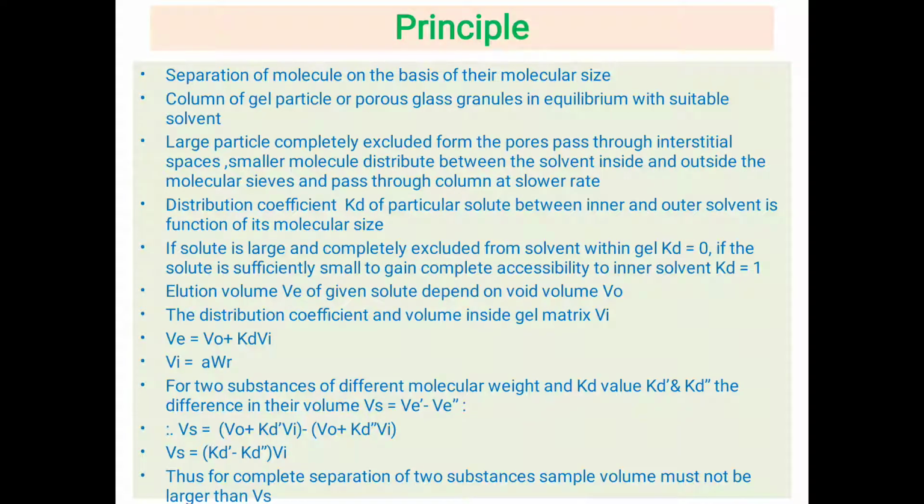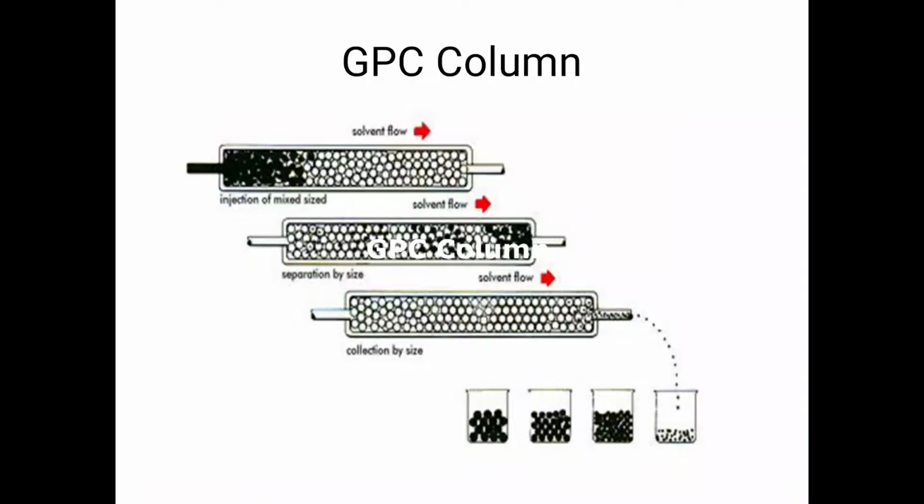Hence Vs is equal to Kd prime minus Kd double prime, taking Vi as common, into Vi. Thus for the complete separation of two substances, the sample volume must not be larger than Vs.